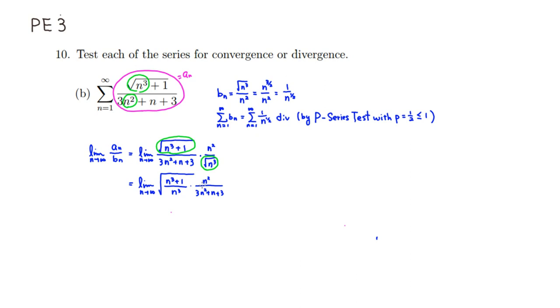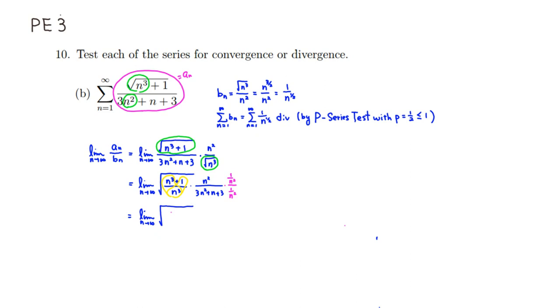To evaluate this, I'm going to multiply top and bottom by 1 over n squared. It's the trick we've been using. For the square root one, I'm going to split it into two fractions: n cubed over n cubed plus 1 over n cubed. If you do that, you get the limit as n approaches infinity of a square root.